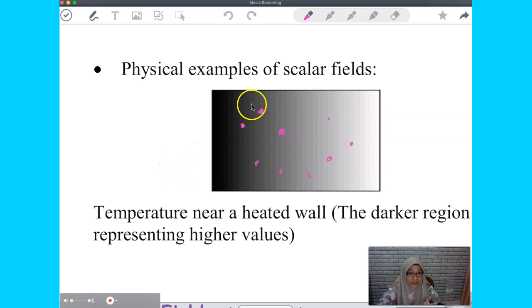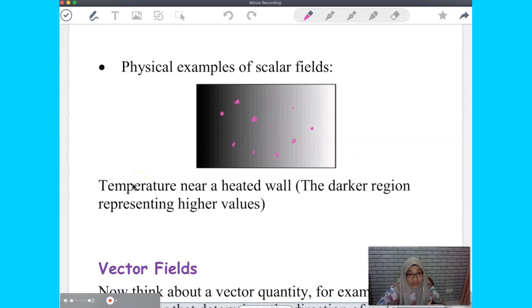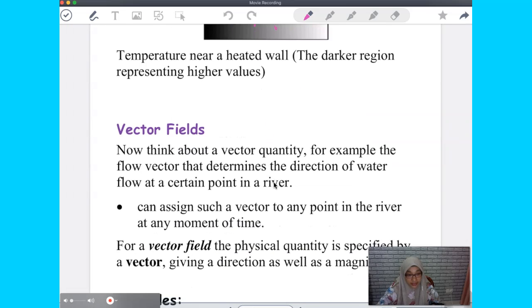This combination of all of these refers to the temperature near a heated wall. The darker the region, the higher the temperature is. Now we want to talk about the vector field.